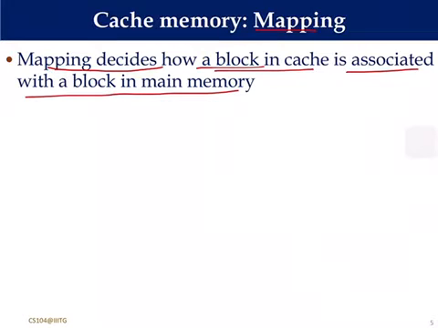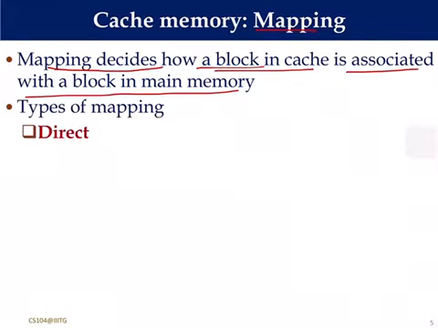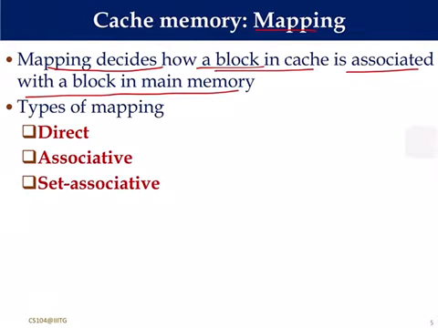Now, from your intuition, you can think that there cannot be only one way; there can be various ways. Typically there are three types of mapping: direct, associative, and set associative.